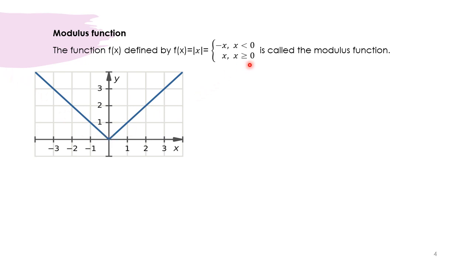When x equals 0, |x| equals 0. When x is greater than 0, you are getting y = x. So it is symmetric about the y-axis, and it is basically a V-shaped graph.